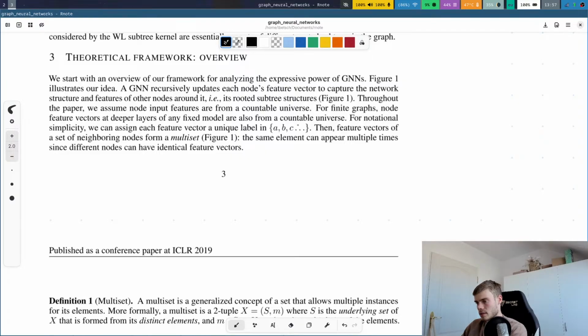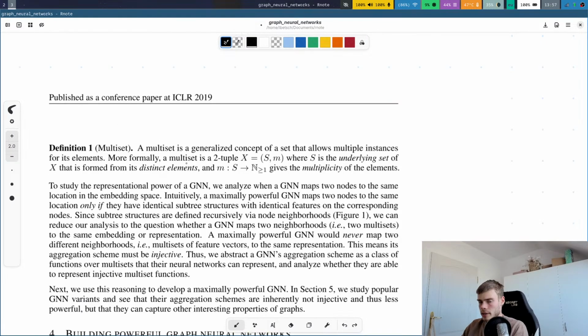This makes sense. Okay, definition 1, multiset. A multiset is a generalized concept of a set that allows multiple instances for its elements. More formally, a multiset is a two-tuple X = (S, m) where S is the underlying set of X that is formed from its distinct elements, and m gives the multiplicity of the elements, so how many of them are in the set.